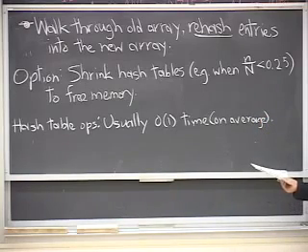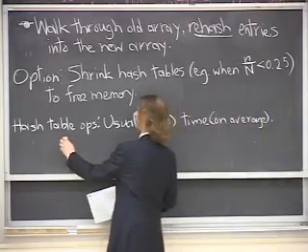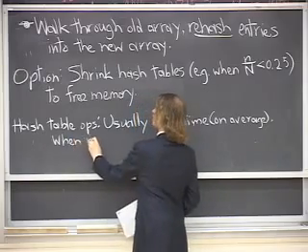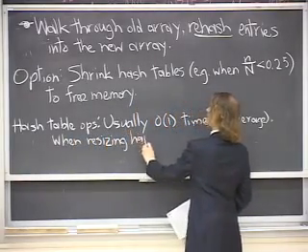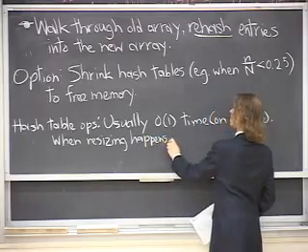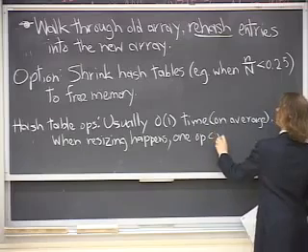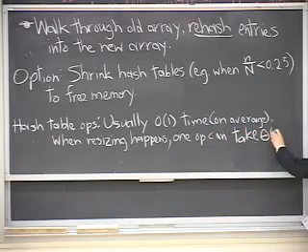But when you resize a hash table, obviously resizing a hash table does not take constant time. It takes linear time. So every once in a while, you'll do a hash table operation, and you'll realize you have to resize, and that one operation can take linear time.